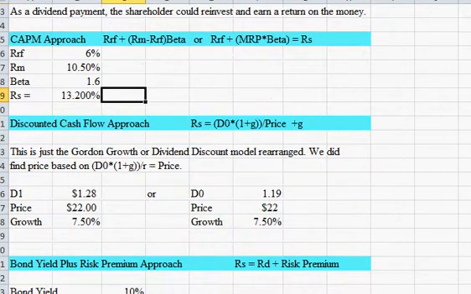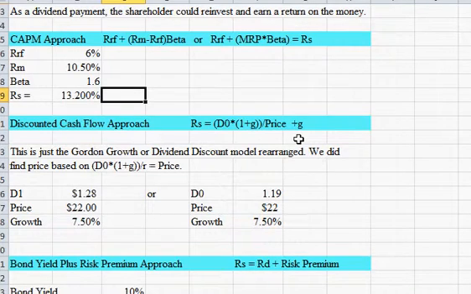The second way is using the dividend discount model, which is the rearranged one that we have looked at with some other problems earlier. And the formula is the required return is equal to the most recent dividend received times 1 plus the growth rate, and then we divide that by the price, and that'll give us a percentage, and then we add the growth percentage to that.